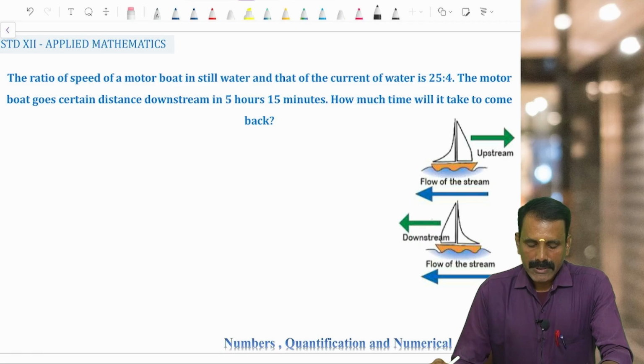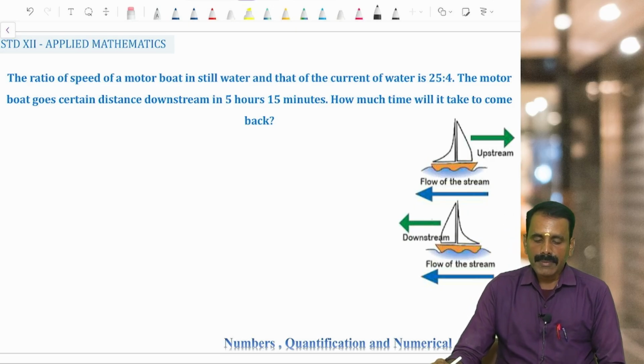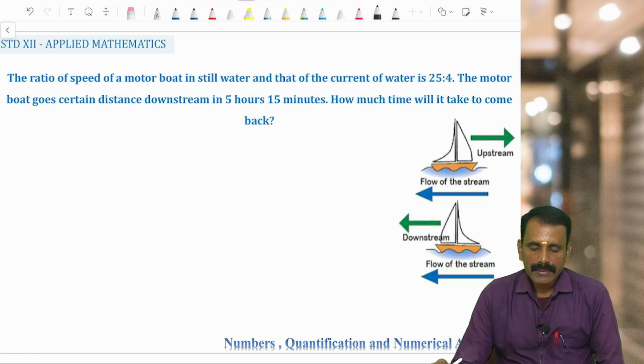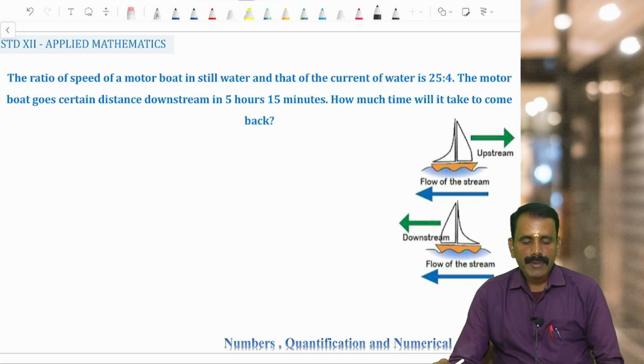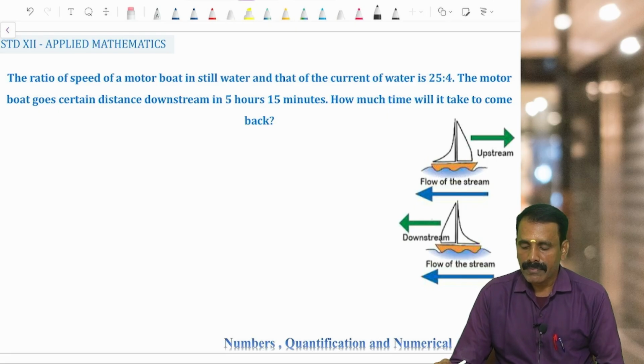Here we are having a problem. The ratio of speed of a motor boat in still water and that of current of water is 25:4. The motor boat goes certain distance downstream in 5 hours 15 minutes. How much time will it take to come back? So in this, we are going to take the ratio of the speed of the motor boat in still water and the current of water as 25:4.